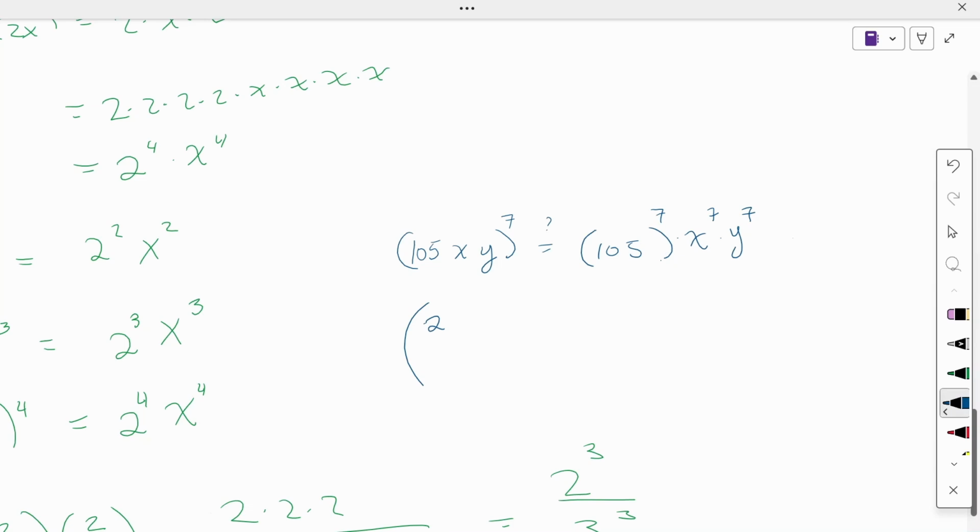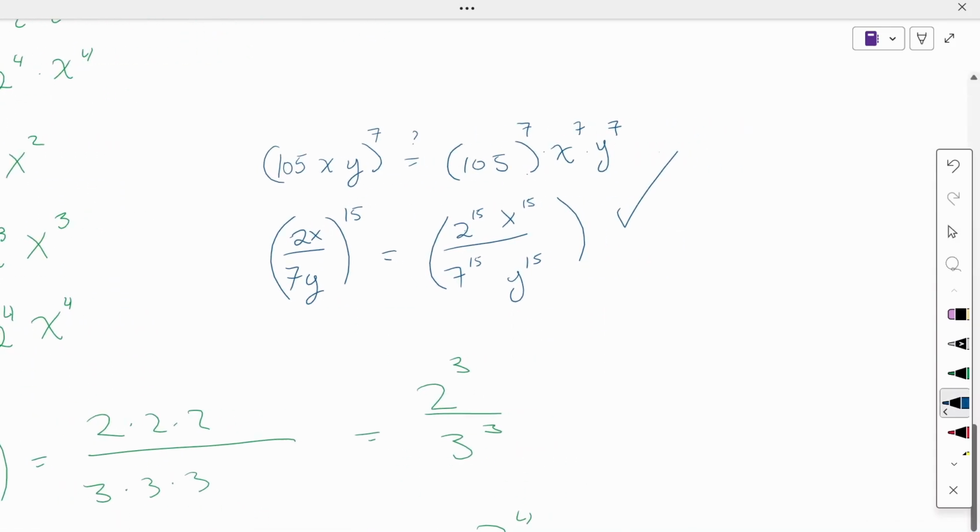And the same is true if you've got something a little bit bonkers, like 2x over 7y raised to the 15th power. Don't burn yourself out on this too much. You're just going to take your numerator, raise it to a power, your denominator, raise it to a power, and voila, you're done.